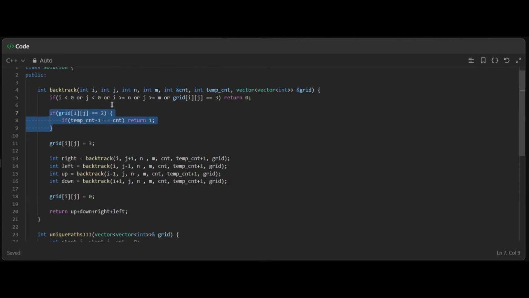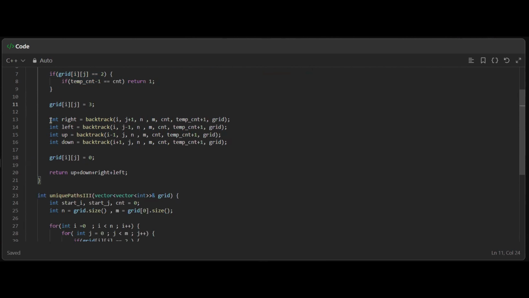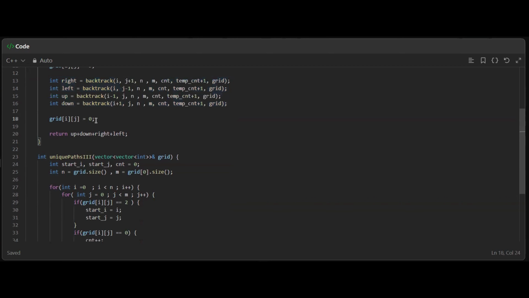Now, after checking these two base conditions, we have to mark the cell visited, which is grid of i j is equal to 3. After that, we have to recursively call the backtracking function to the right, left, up, and down. That means in the 4 adjacent ways. After calling this backtracking function or the DFS function in 4 possible ways, we have to again make this current cell non-visited, because it may be possible that from any other path, we need to go through this cell also.